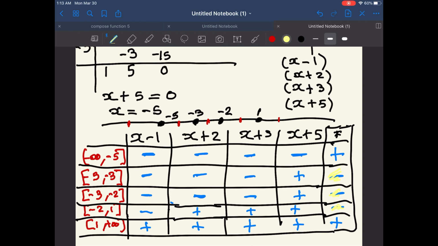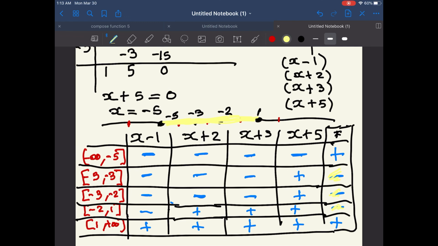Now from negative 5 to 1 is my solution.